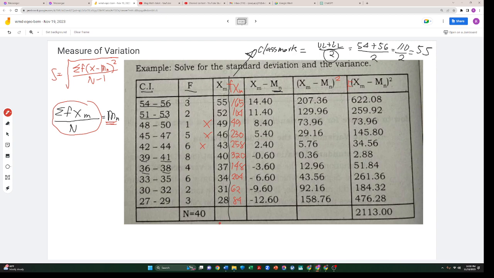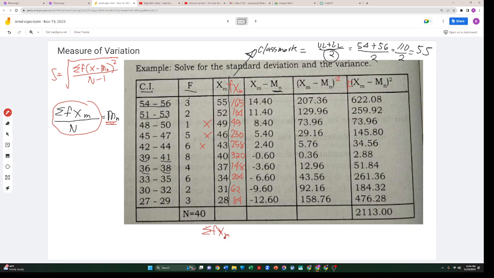Okay. Next, we get their summation: the summation of f times x sub m, the frequency times the class mark.